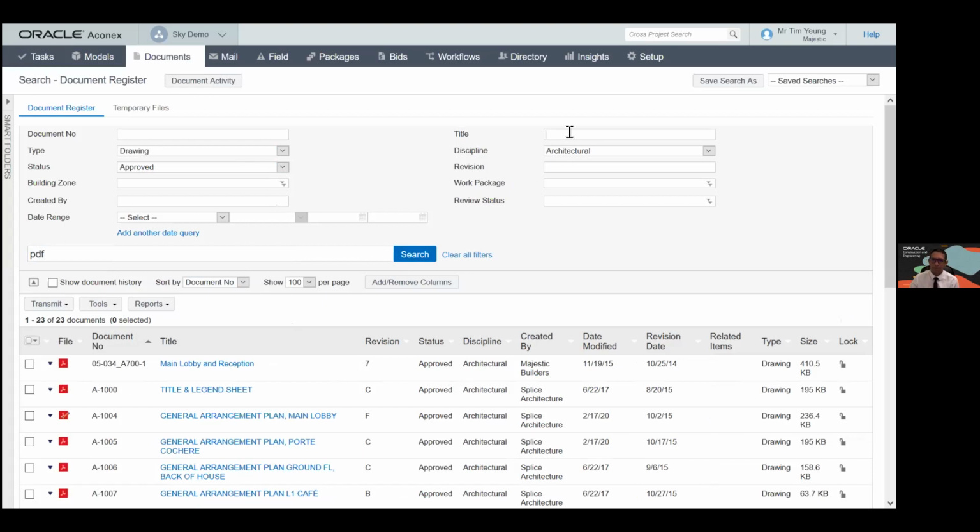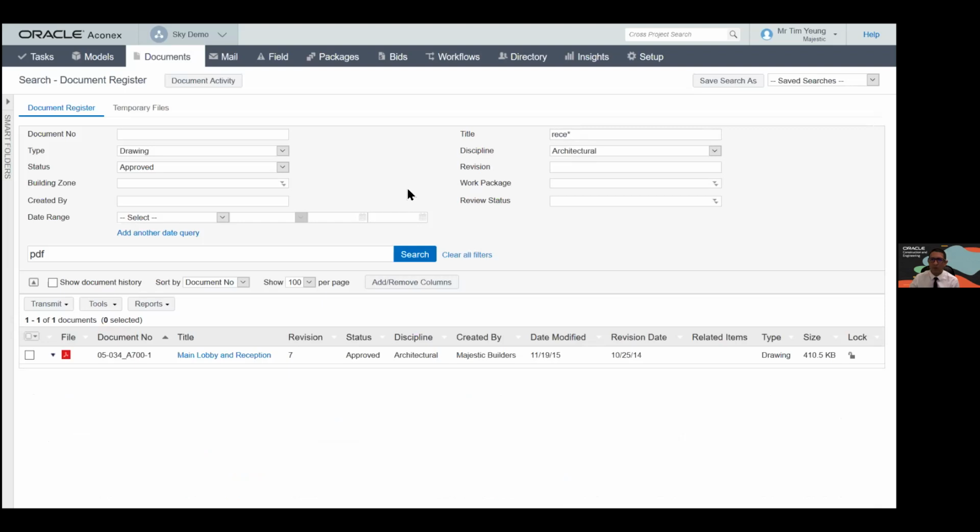And the system allows you now to put a title. So in this case, I'm going to say it's a reception document. And you can even put a wildcard there. So very quickly now, we've narrowed down documents from 700 documents to one document in a couple of seconds. This is important, and this is critical when you're looking at a huge number of documents.